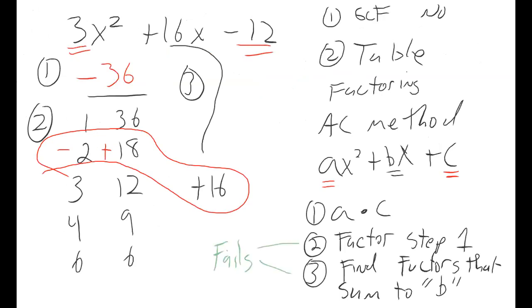If I can't find any factors from step 1 that sum to my B value, then it's not factorable. So I'm not going to be able to go through the whole problem to see that it fails. It will fail on steps 2 and 3. If I cannot find a factor that will give me my middle term, and I've listed all my factors, then the problem is non-factorable. We are going to have problems that are non-factorable, right?